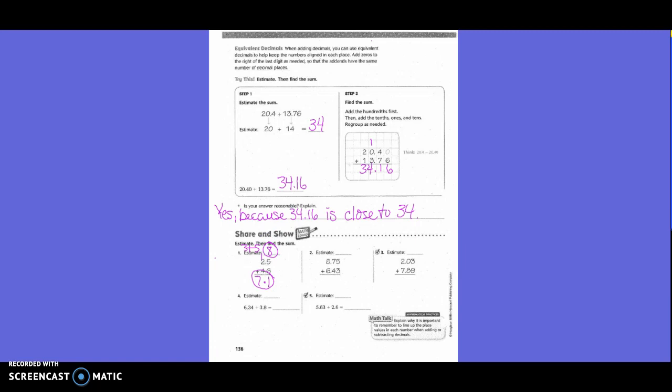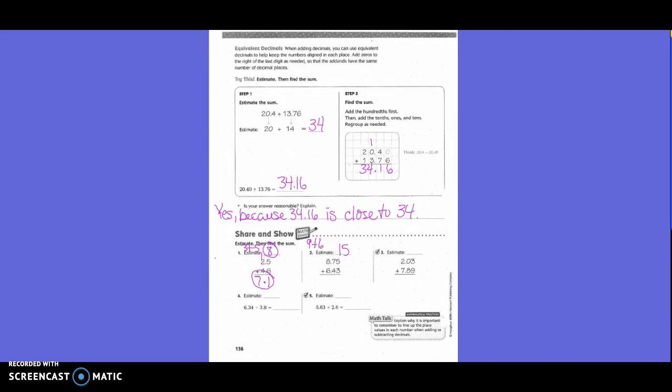Estimate 8 and 75 hundredths. What would that be close to? 9. So 9 plus 6 and 43 hundredths would be close to 6, because 4 is closer than 5, so you would stay the same. 9 plus 6 is 15.